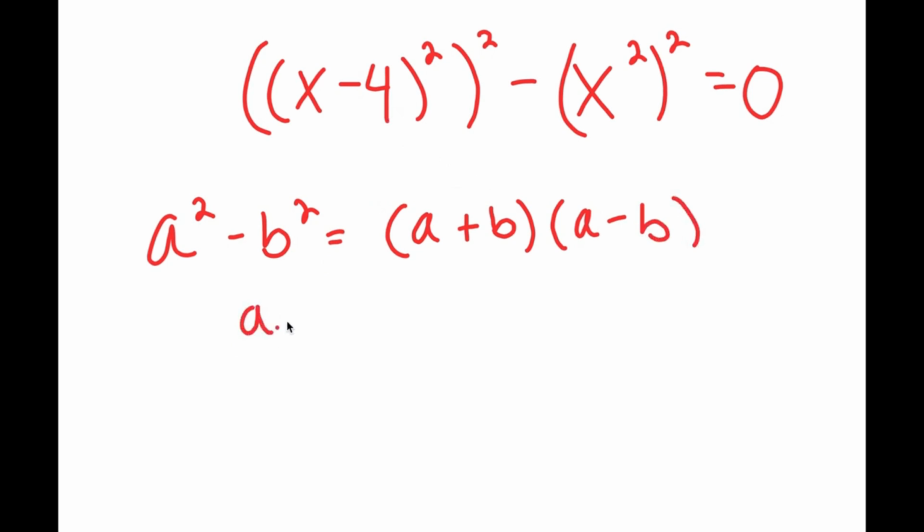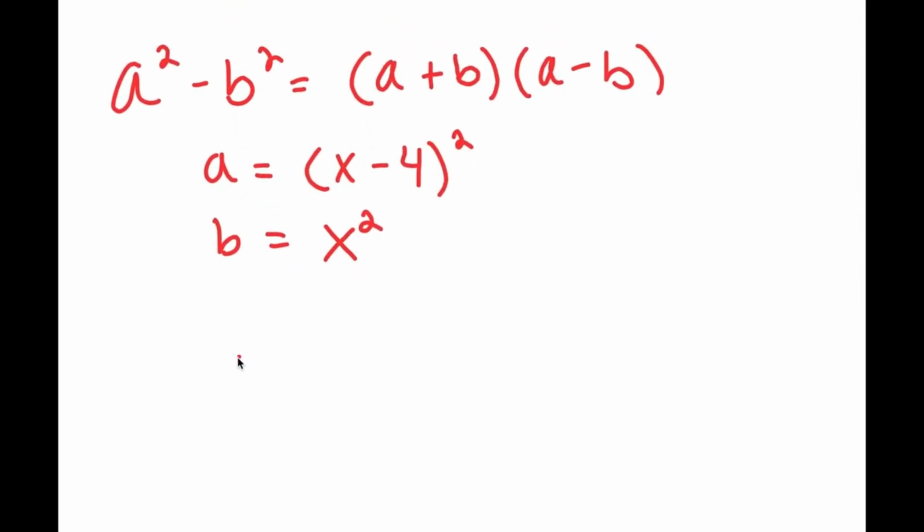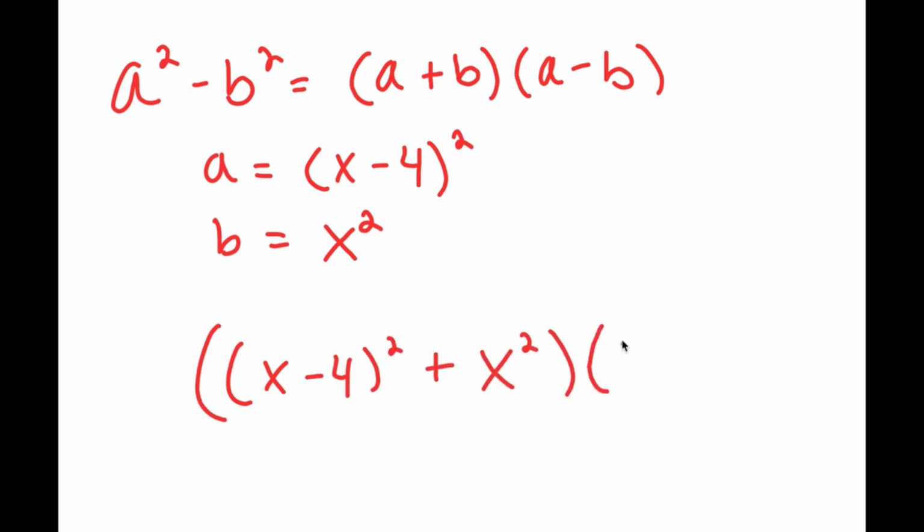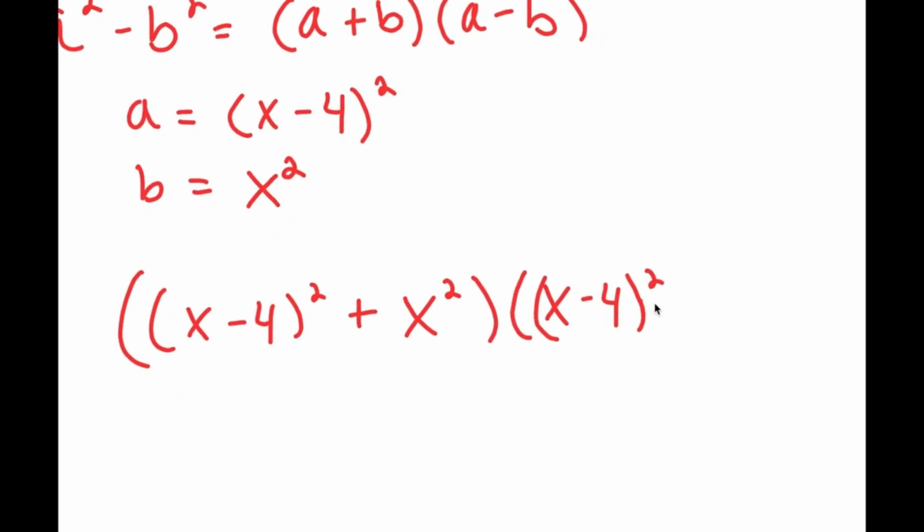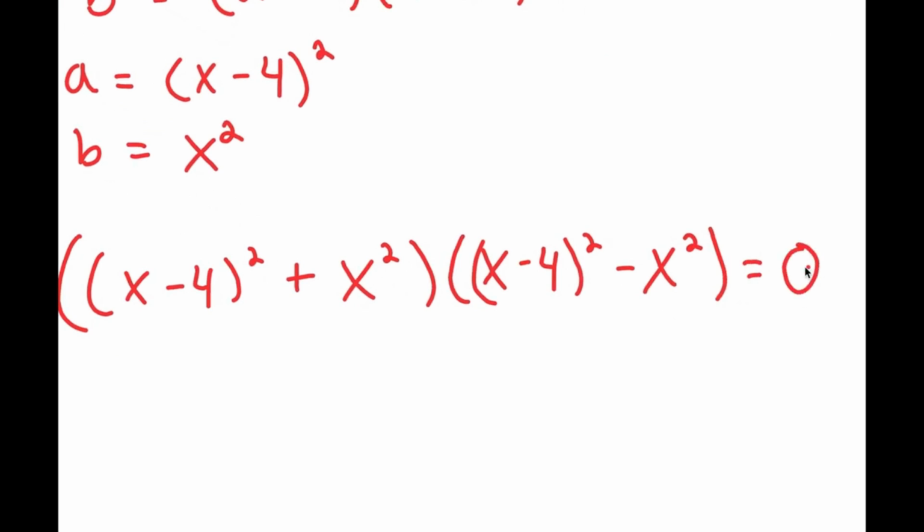So in this case, a is (x - 4) squared and b is x squared. So this turns into ((x - 4)^2 + x^2) times ((x - 4)^2 - x^2) is equal to 0.